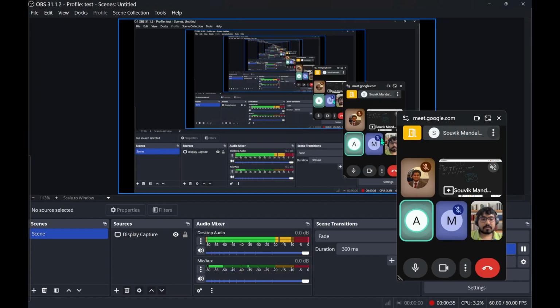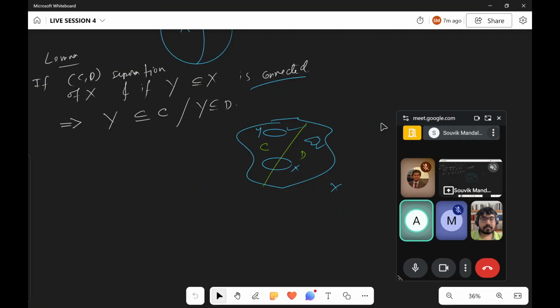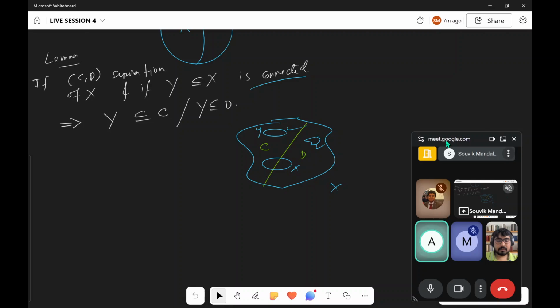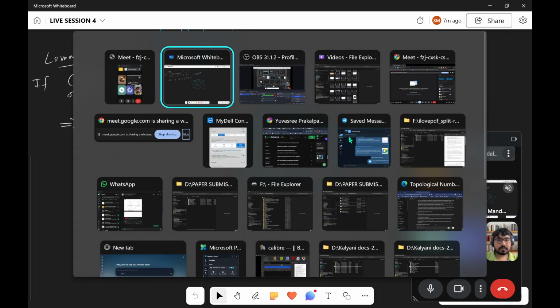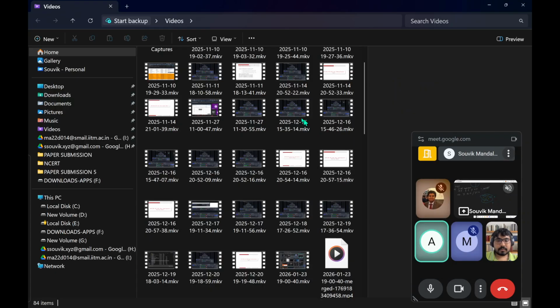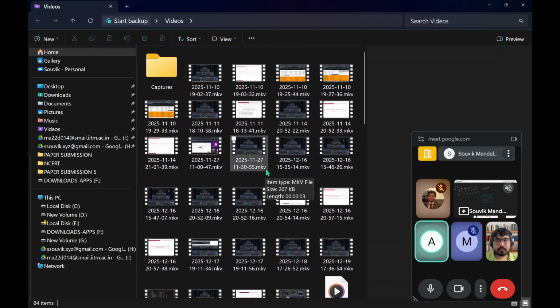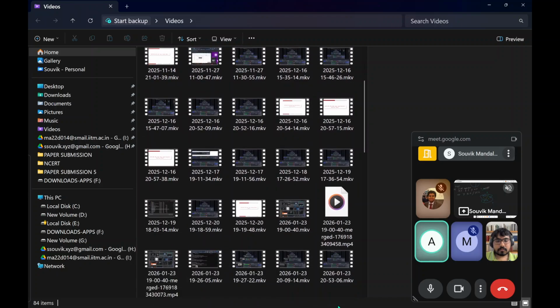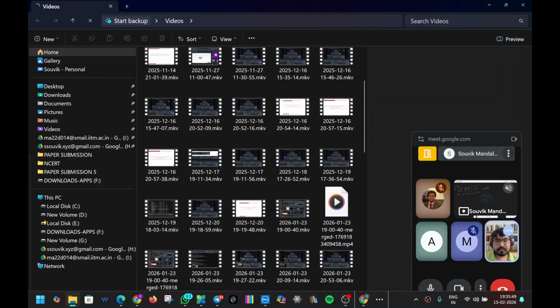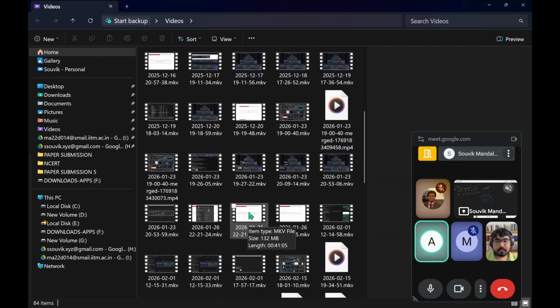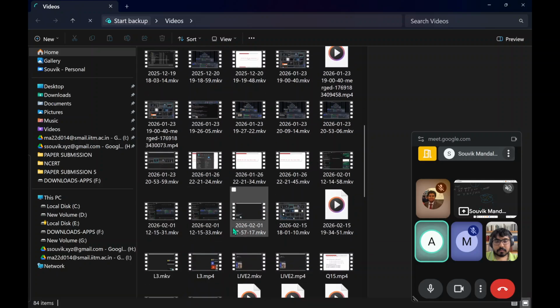As C, D is a separation of X, I can write X as a union of C and D. Here Y is a subset of X and Y is connected, and so Y is also a subset of C union D. But by the definition of separation, X can be written as C union D, and C intersection D is equal to empty.